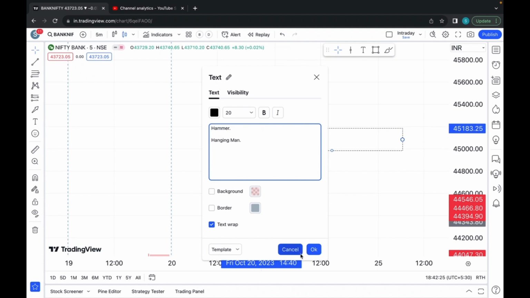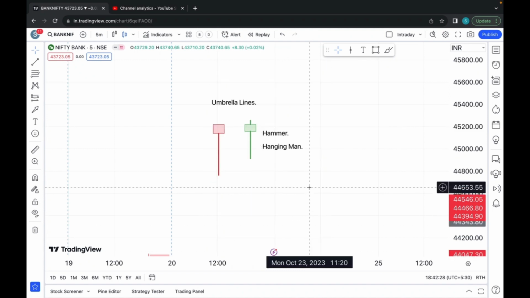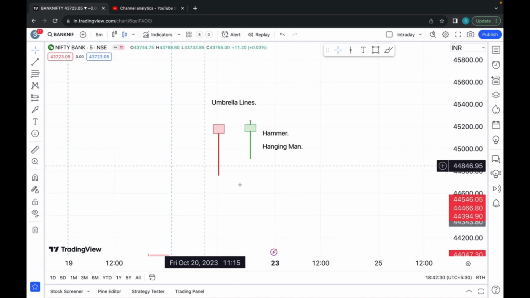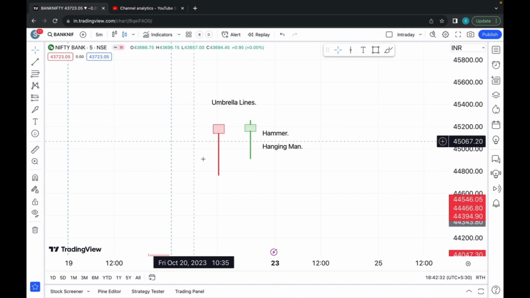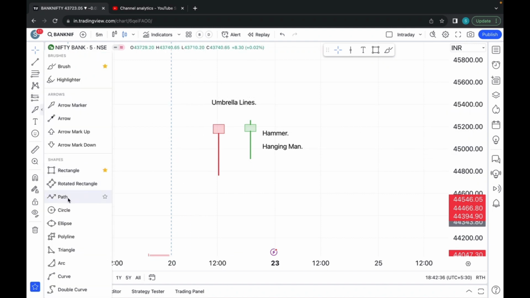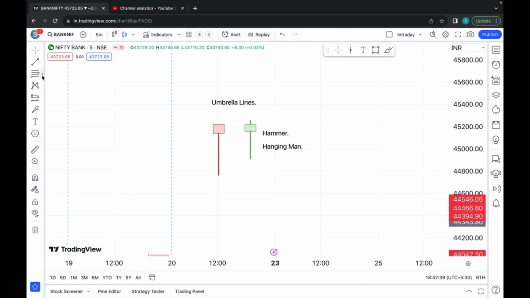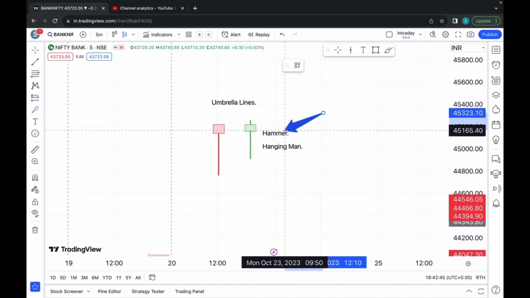Now, very simple. If your umbrella line is coming after a reasonable downtrend, then it is called a hammer.